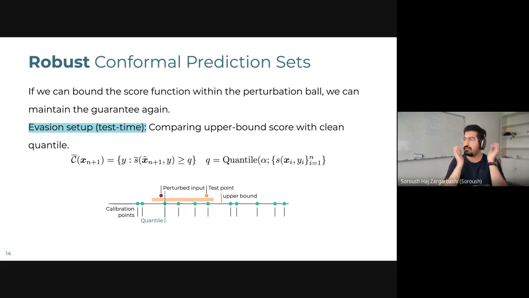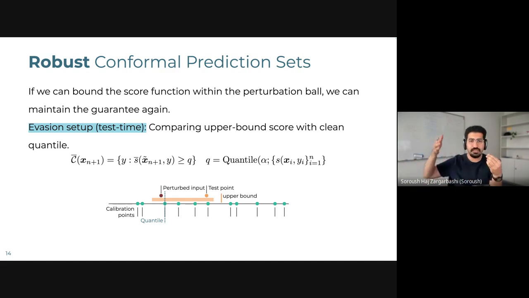As a follow-up discussion, I have a point that is perturbed, and now I find the upper bound on the score for each of these labels. So for Y1, I find an upper bound and test whether it's above the quantile or not. I do the same for Y2, Y3, Y4 to the end.